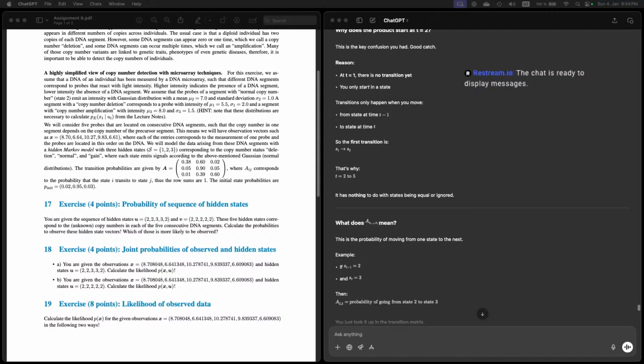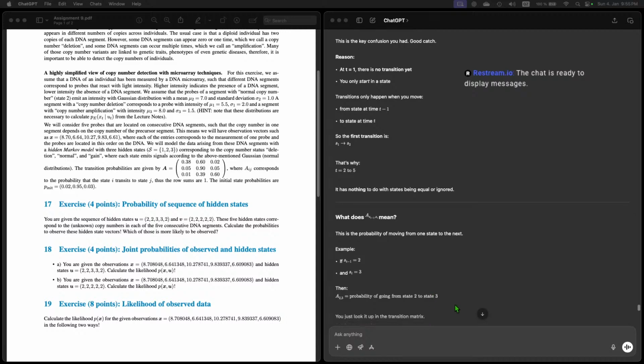Then the probability of going from state 2 to state 2.